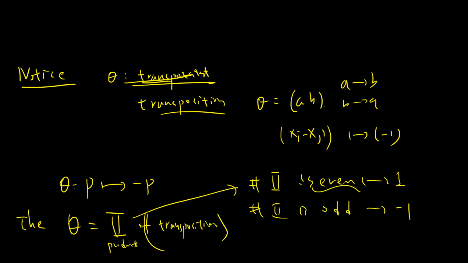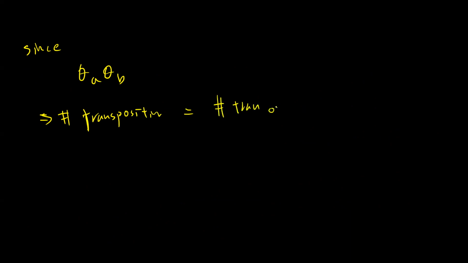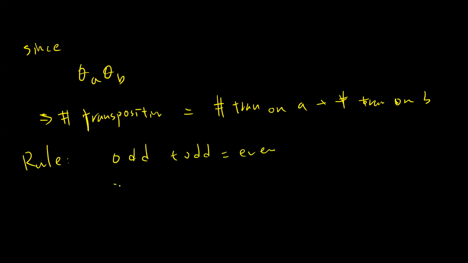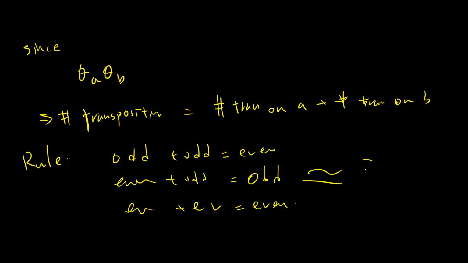So if you have theta A times theta B, then the number of transpositions will just become the number of transpositions in A plus the number in B. So the rules are basically odd plus odd is even, even plus odd is odd, even plus even is just even. So this is just a Z2 group.